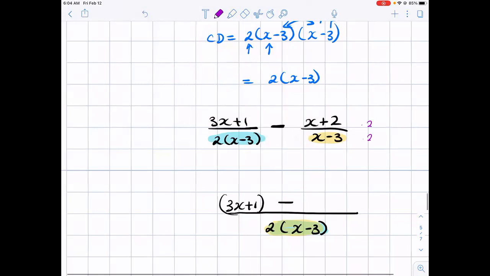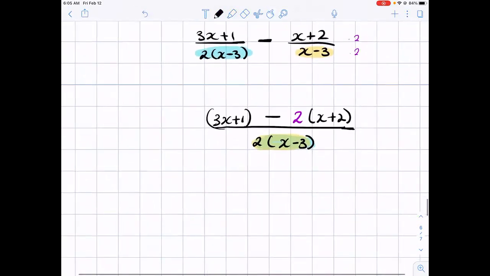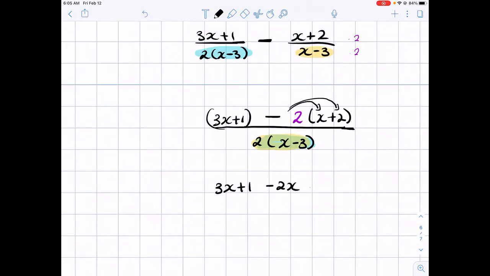So this becomes 2, okay, times x plus 2. So distributing that negative sign, we have 3x plus 1 minus 2 times x, and minus 2 times positive 2 becomes minus 2x minus 4. All of that over the denominator, 2 times x minus 3.